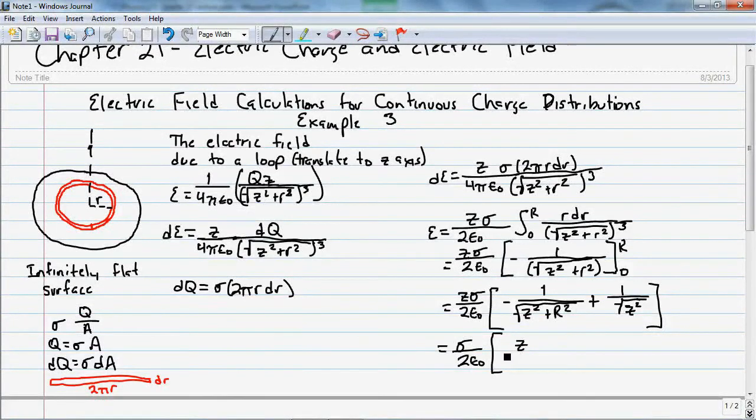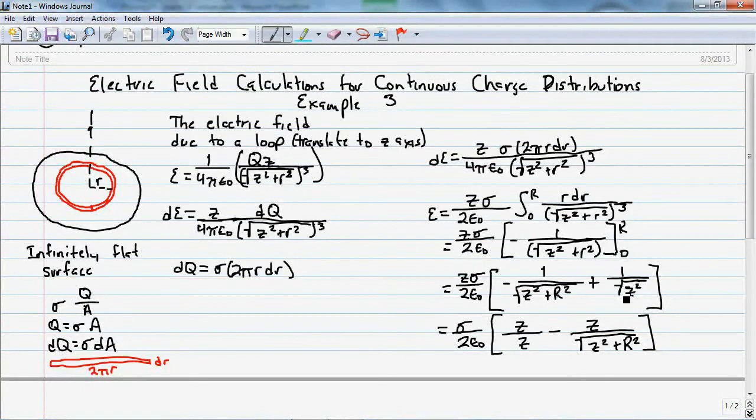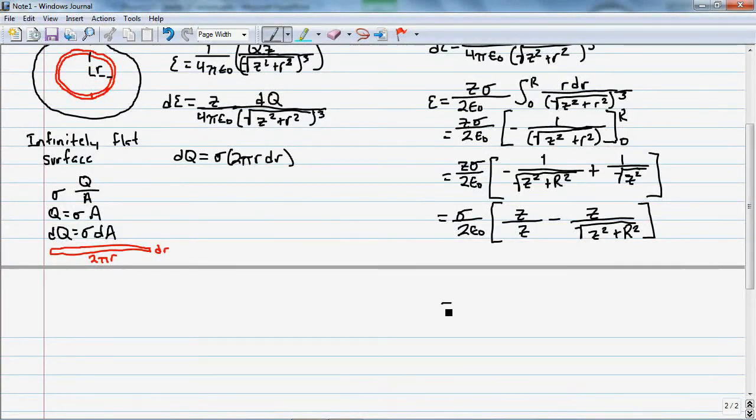So I'm going to have z over the square root of z squared, which is just going to be z, minus z over the square root of z squared plus r squared. And that's just going to simplify to sigma over 2 epsilon naught times 1 minus z over the square root of z squared plus r squared.